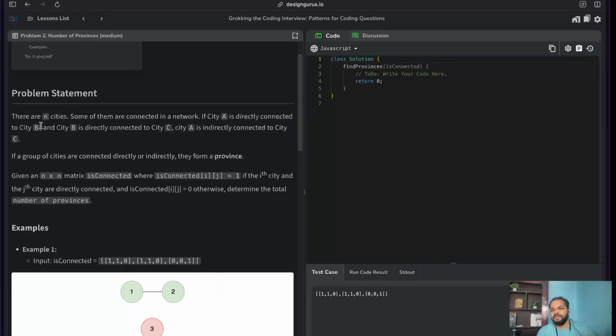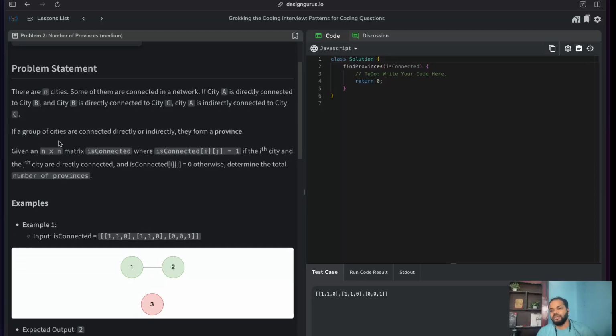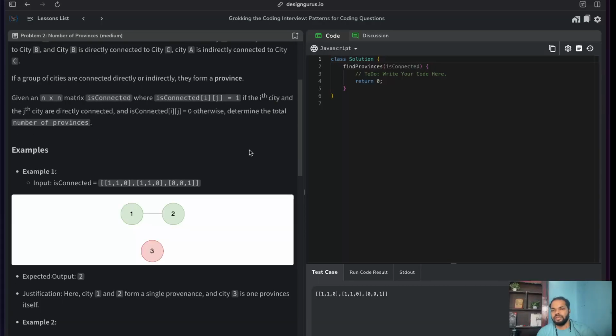Problem statement: there are n cities. Some of them are connected in a network. If city A is directly connected to city B and city B is directly connected to city C, city A is indirectly connected to city C. Yes, correct. If a group of cities are connected directly or indirectly, they form a province. Okay.